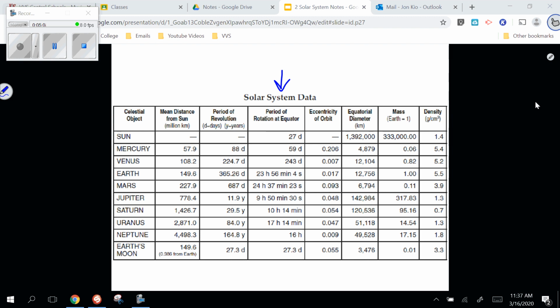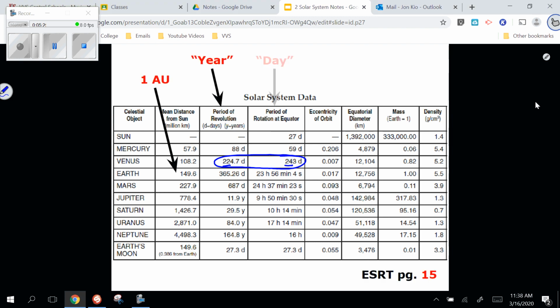Something interesting here, remember this? Venus takes longer to spin one time than it does to go all the way around the sun. So that means that Venus's day is actually longer than its year.